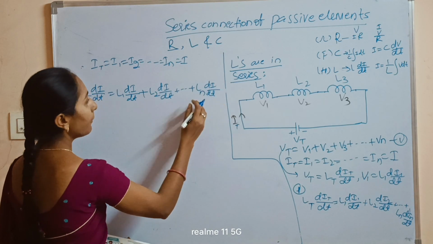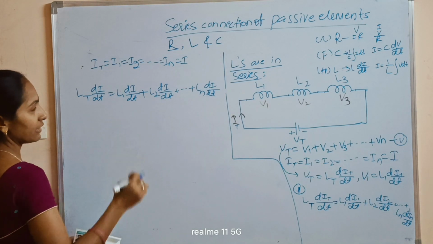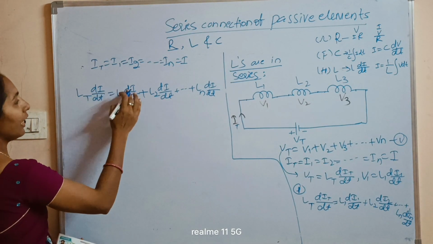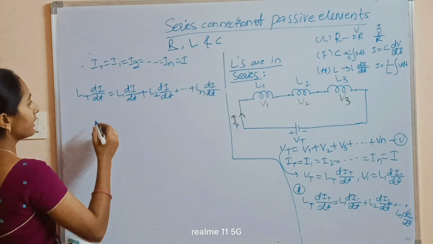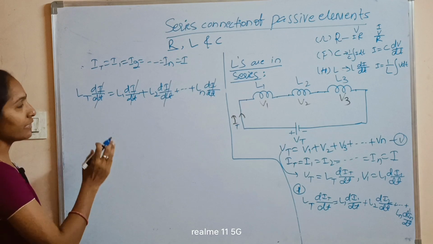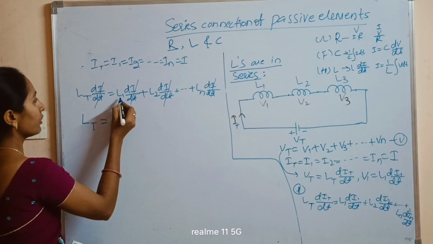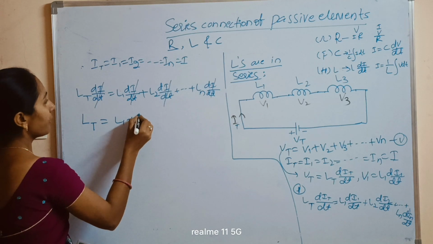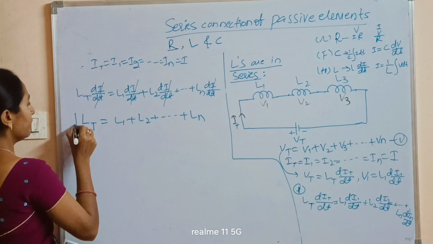If n number of inductors are connected in series, in that case I am considering this term. Now all the di by dt terms on left hand side and right hand side get cancelled. Now L total is equals to, remaining terms are L1 plus L2 plus so on plus Ln.